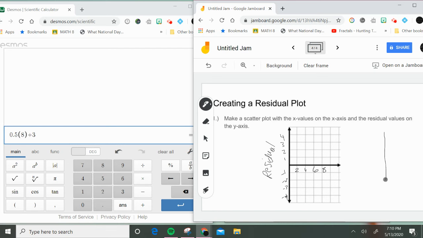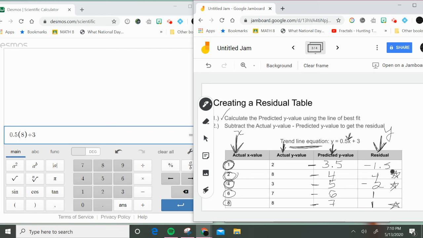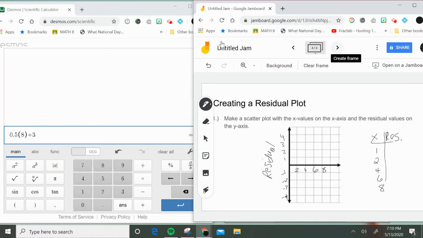For this plot, my x value is the one from my data, so we had 1, 2, 4, 6, and 8. And then my y values are actually my residual values that I just calculated. So let's look back and see what we got: -1.5, 4, -2, 1, and 1.